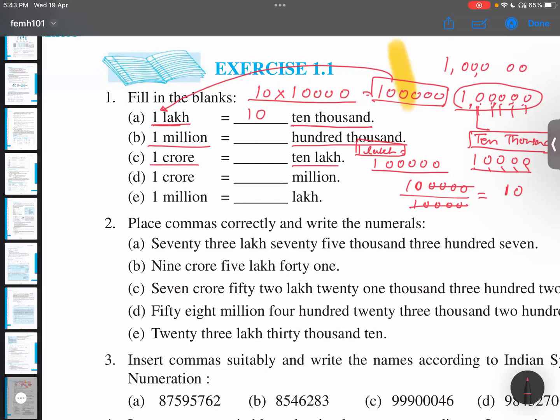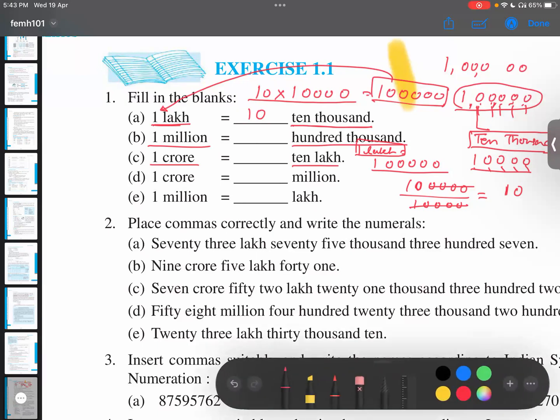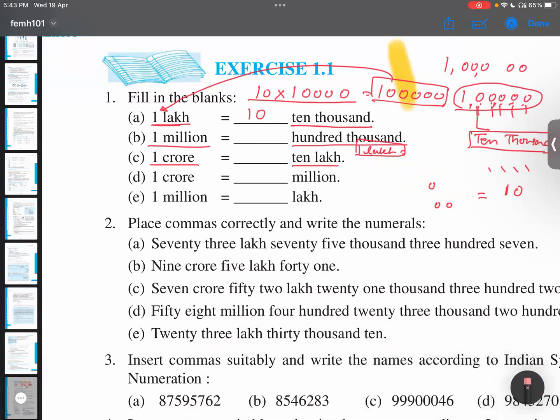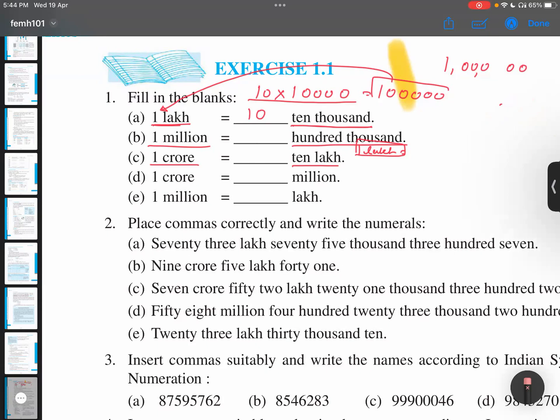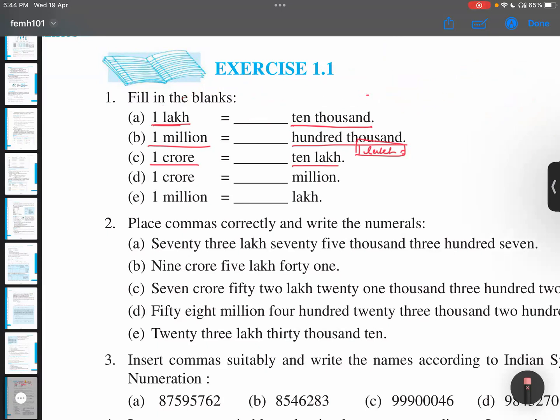That is the question. Got the question, Aswati? What is the question trying to ask? We will be able to find it by simply finding the number of zeros in both the numbers and simply dividing them.